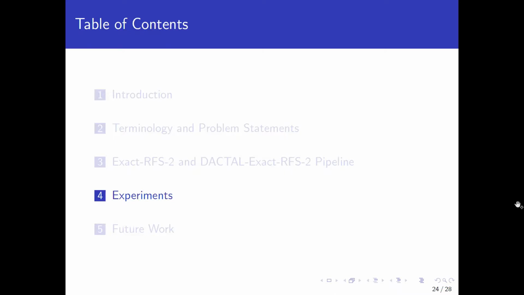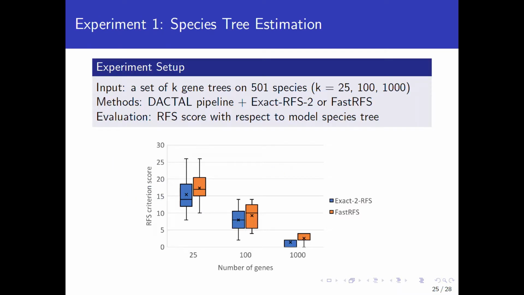Besides the algorithmic and hardness results, we also performed experiments. In the first experiment, we are given a set of K gene trees on 501 species with varying values of K. And for each value of K, we did 10 replicates of the experiment.